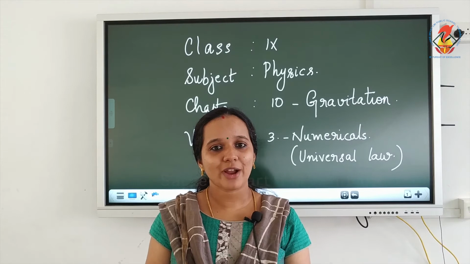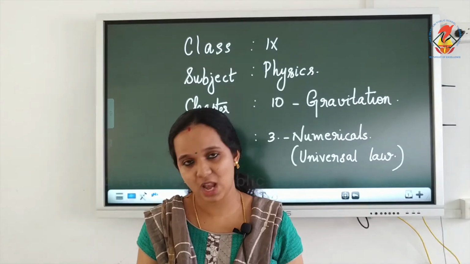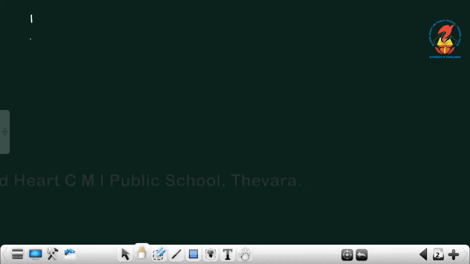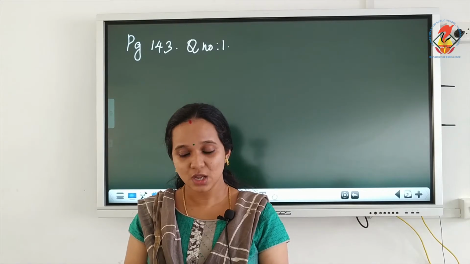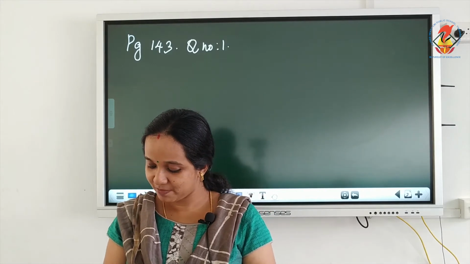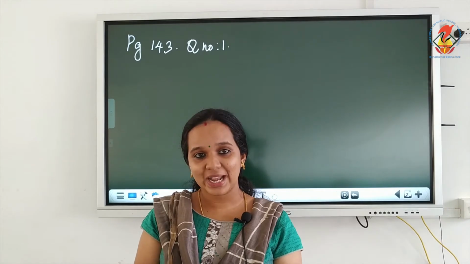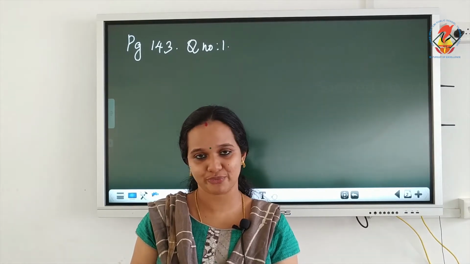Please take page number 143 of your science textbook, question number 1. The question is, how does the force of gravitation between two objects change when the distance between them is reduced to half?